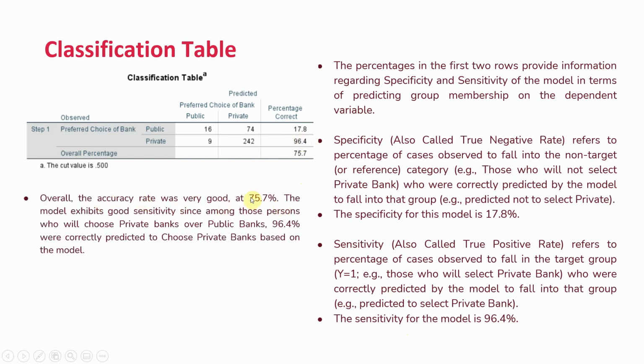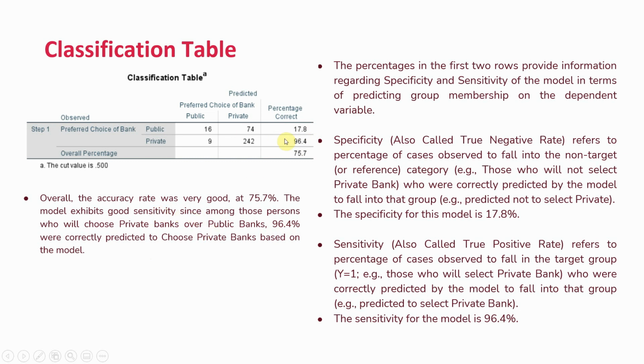Overall, the accuracy of the model is 75.7%. The model exhibits good sensitivity since among those persons who will choose private banks over public banks, 96.4% were correctly predicted. So your correct prediction for those who will choose private sector banks over public sector banks is 96.4%. So you've got good sensitivity in your model.